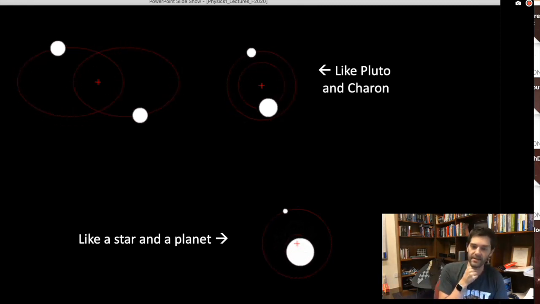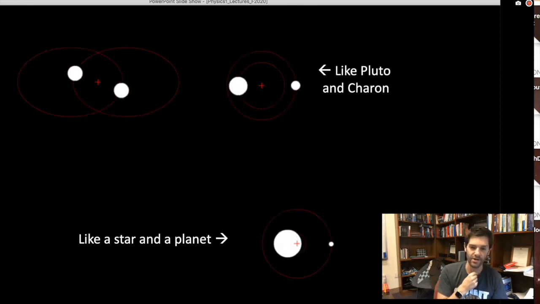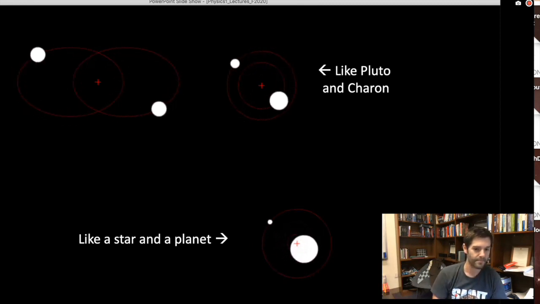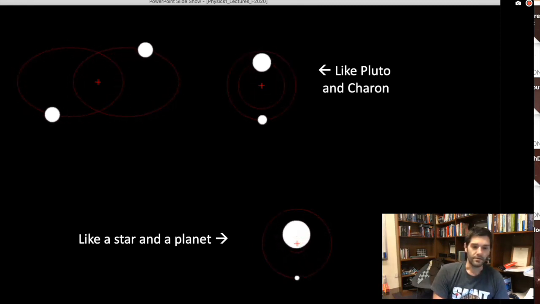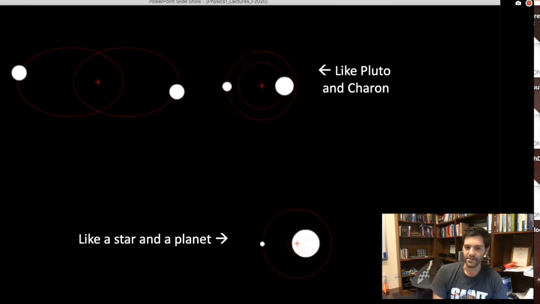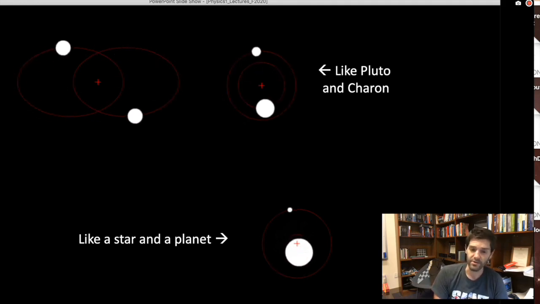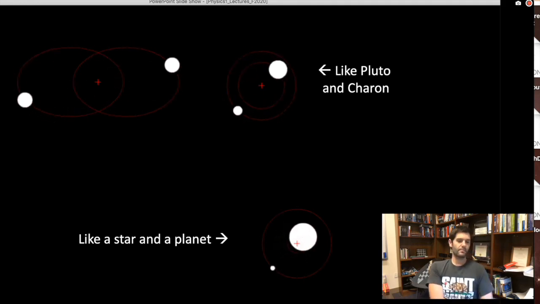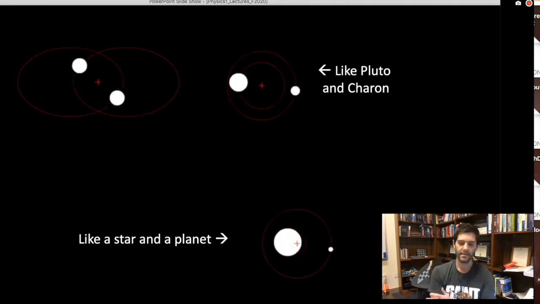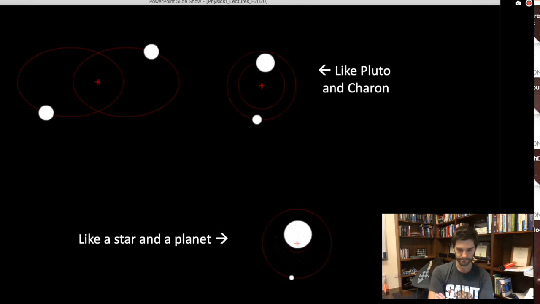When we look at, say, the Earth around the Sun, or two stars orbiting each other, or Pluto and its moon Charon orbiting each other, those mutual gravitational pulls are equal and opposite in direction, and so as a result, both objects are actually moving around. Even though, like what you see at the bottom, it looks like that might not be the case for, say, Earth and the Sun.